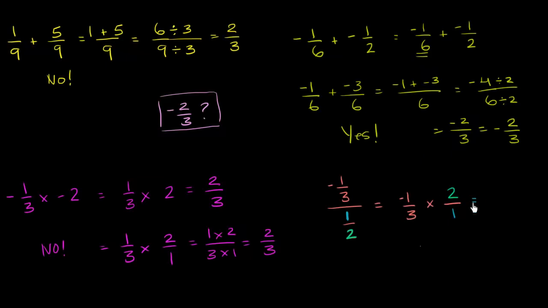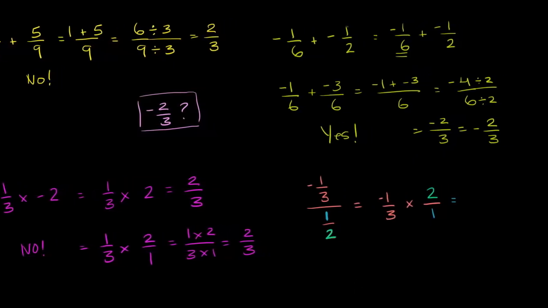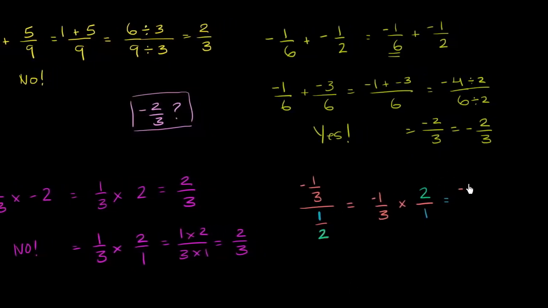So our numerator is now going to be negative 1 times 2. When you multiply two fractions, you multiply the two numerators to get the new numerator. And it's over 3 times 1. And you normally wouldn't have to do all of these steps, but I'm just doing them to make sure you understand what's going on.